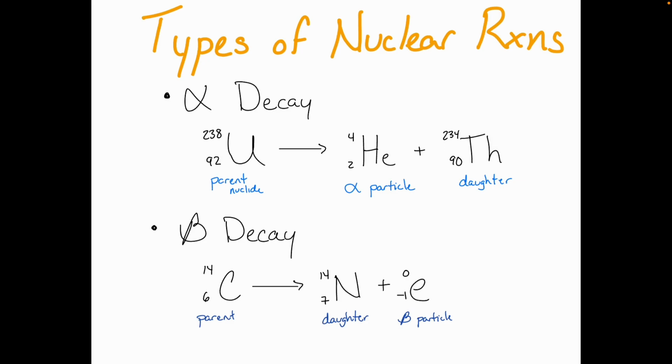What's very special about these reactions is I didn't just take a carbon atom and flick off one of the electrons, right? That would just create a carbon ion. I have a proton that's actually been converted into an electron here. So notice that my mass number stays the same.